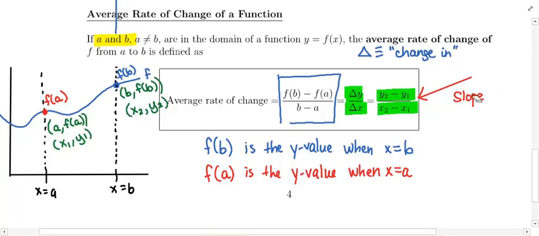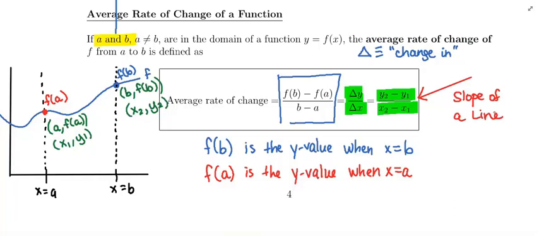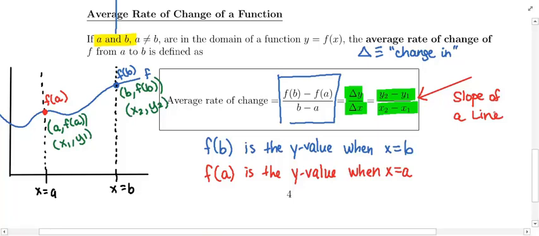Let me write that down. This is nothing more than the slope of a line. What you need to take away is that the average rate of change of a function, even if that function is not a line, is nothing more than the slope of a line.